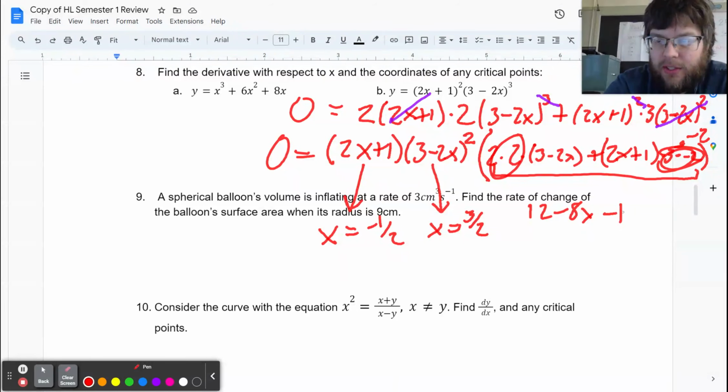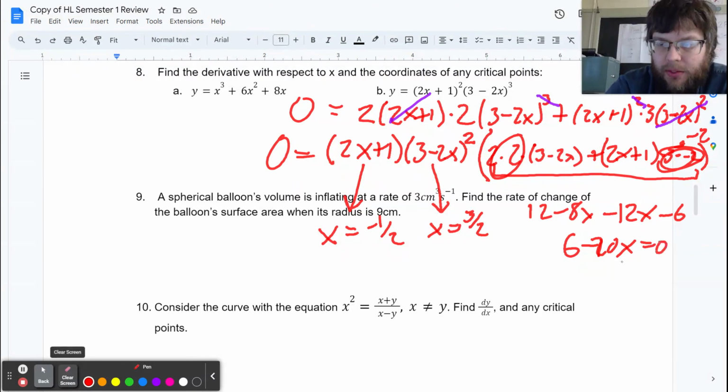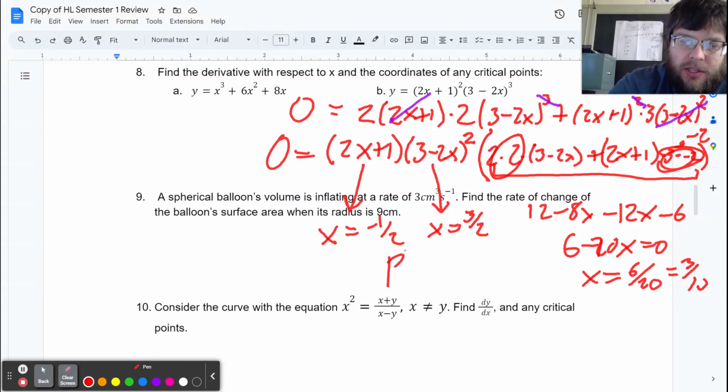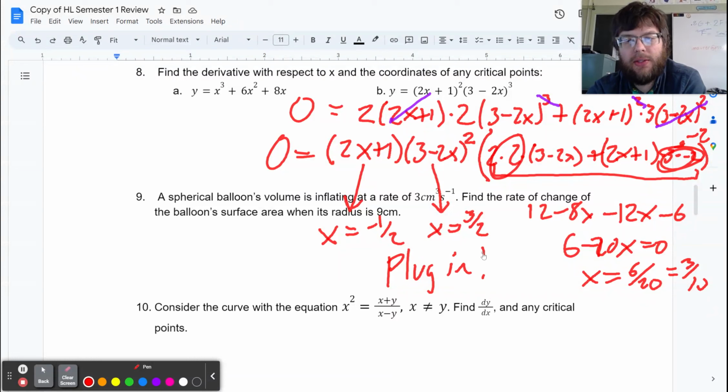So negative 6 times 2x, negative 6 times 1. So I end up with 6 minus 20x equals 0. So x equals 6 over 20, or 3 over 10. So those are my x coordinates of the critical points. And so then I just plug all those in and find the y values. And I'm not going to make you watch me do that.